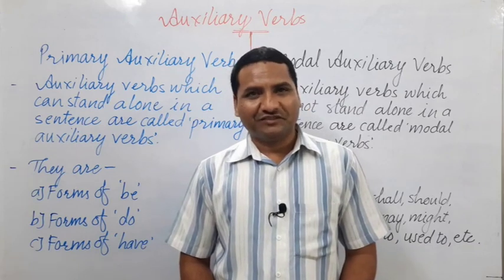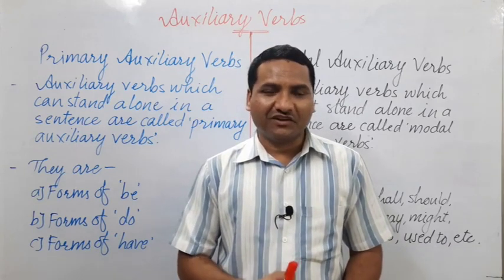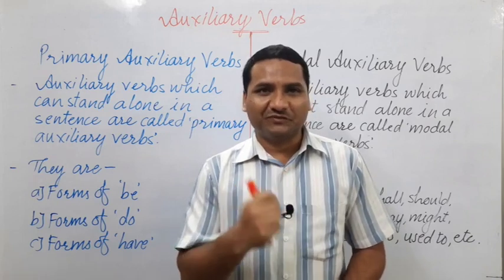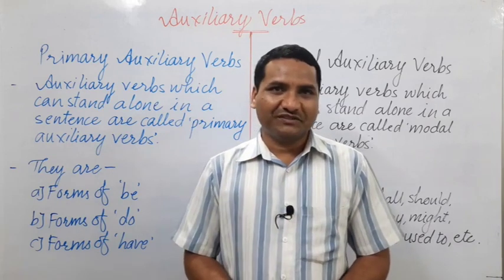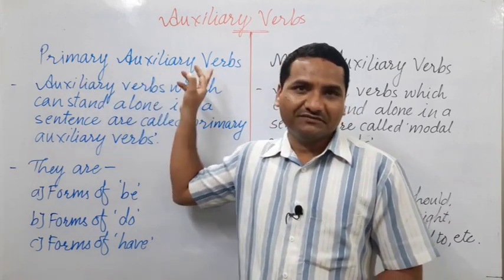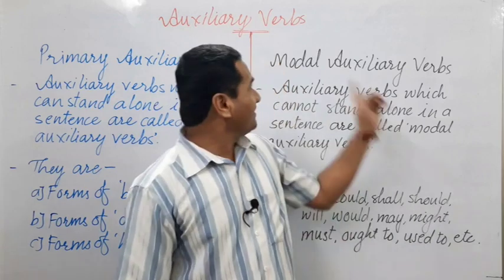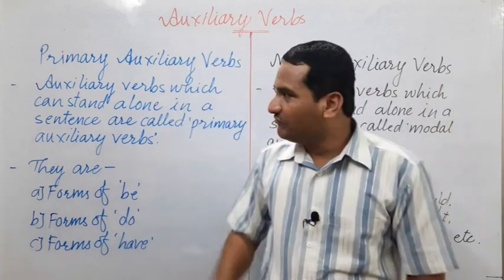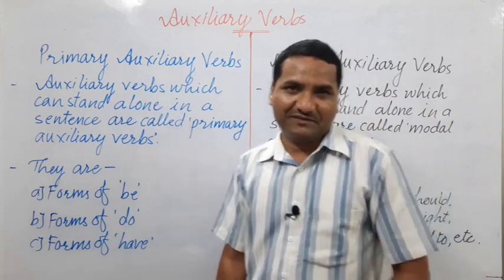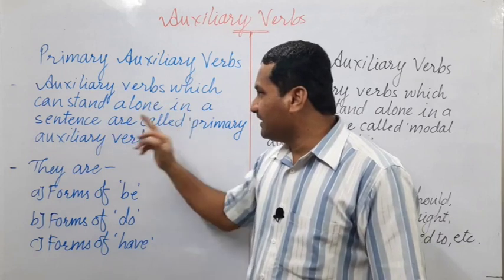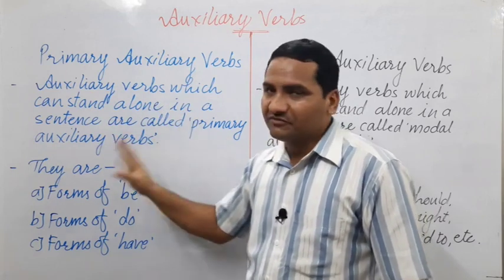We have seen main verb and auxiliary verb. Auxiliary verb has two groups or two sets of verbs. First is primary auxiliary verb and second is modal auxiliary verbs. So let's see the first, primary auxiliary verbs. Auxiliary verbs which can stand alone in a sentence are called primary auxiliary verbs.